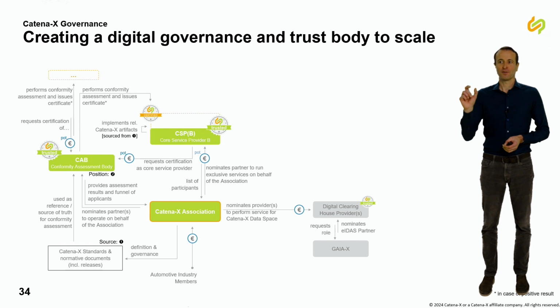So we now have the step that the CSPB is no longer just trusted, but it's also certified because the CAB confirmed that standards and the normative documents and the artifacts are in line with what's actually been implemented. And that's a key element. And they can do that, that's the arrow that goes up, also for other vendors, and we will talk about that in a second.